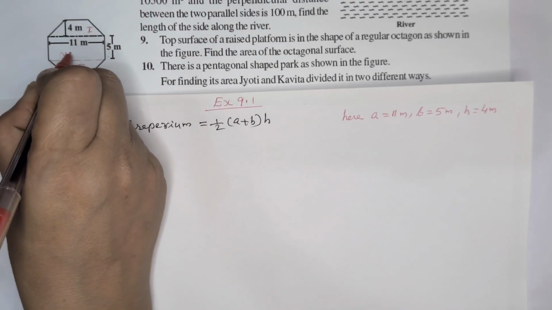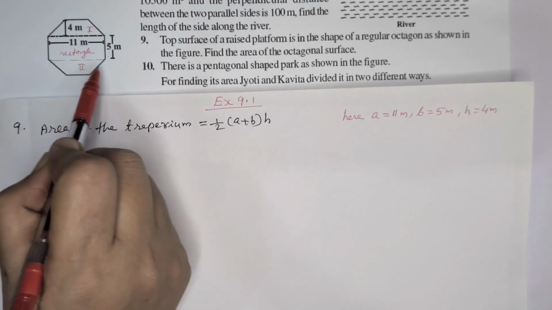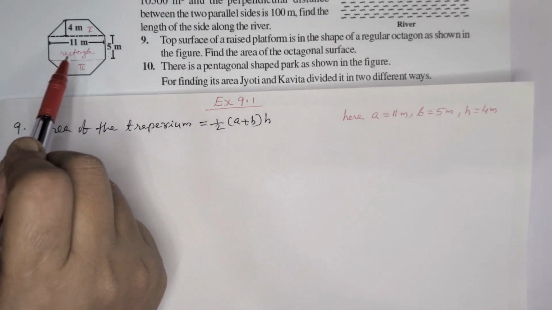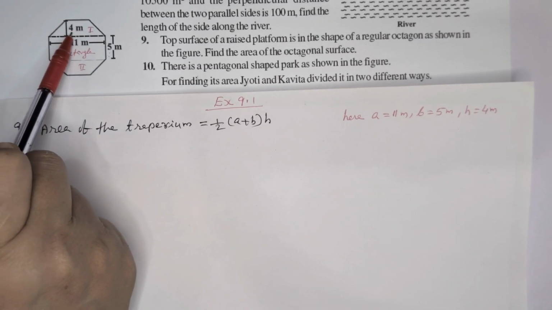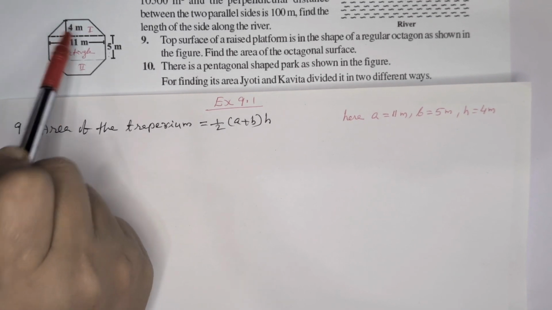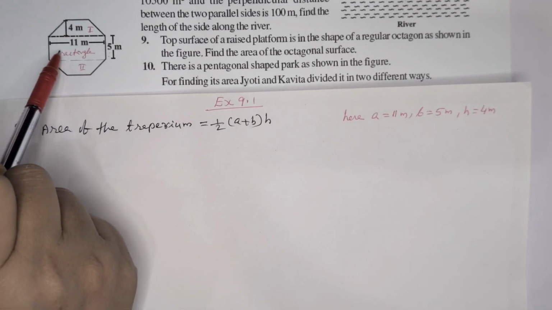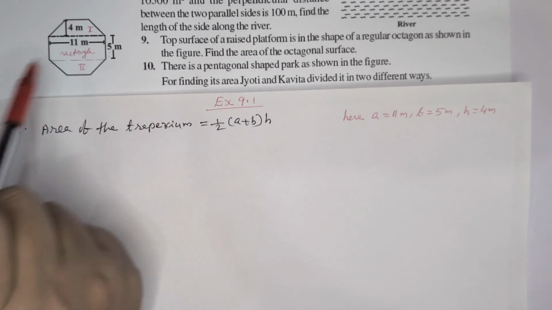This is a rectangle. So to find the area of the entire octagon, first we have to calculate the area of the trapezium. Same area here also, so we can multiply by 2. That plus area of the rectangle. Rectangle means length into breadth.